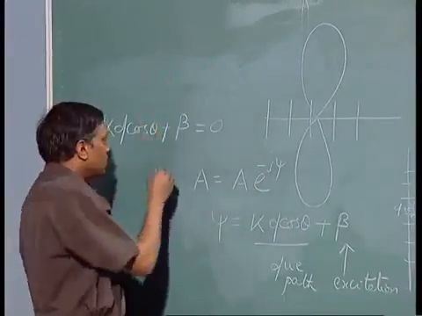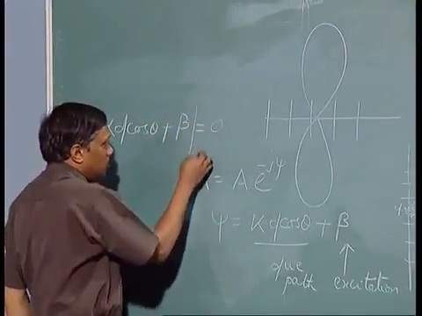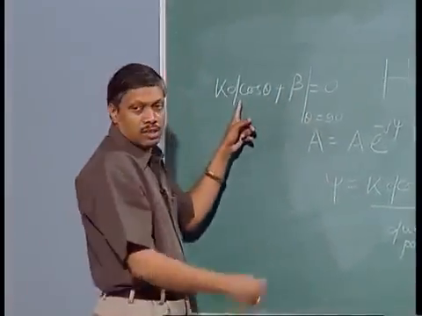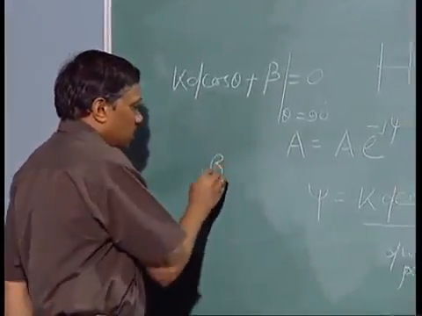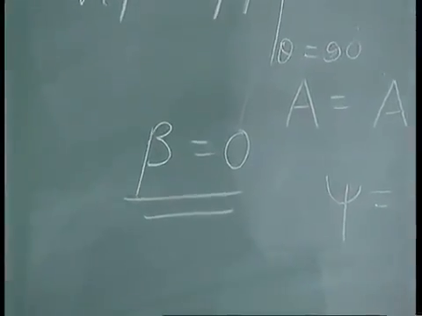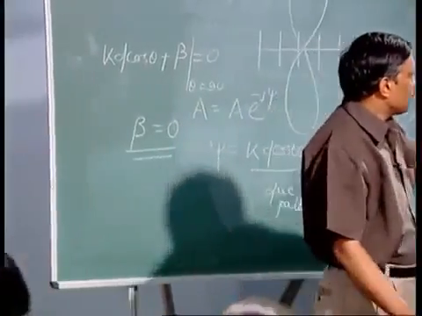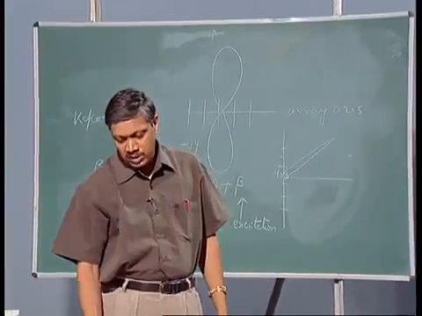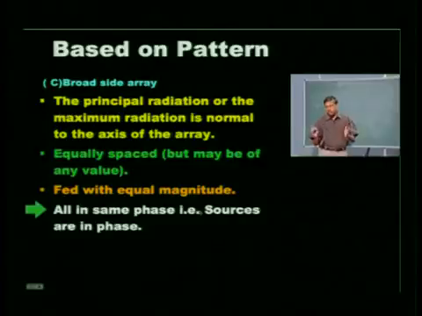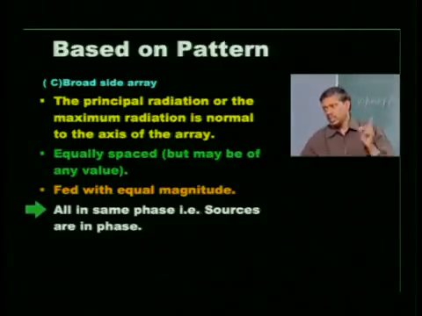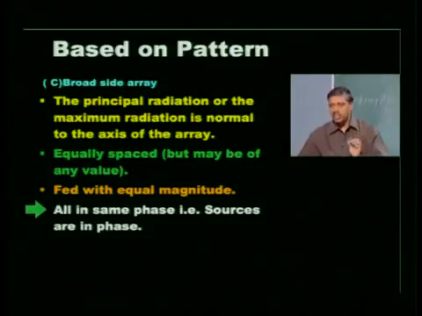It is perpendicular, so theta is equal to pi by 2. If we substitute that, it implies beta is equal to 0. This is one of the conditions: all sources are in phase. That means each element will be fed with the same phase. This is a mandatory condition for having a broadside array.